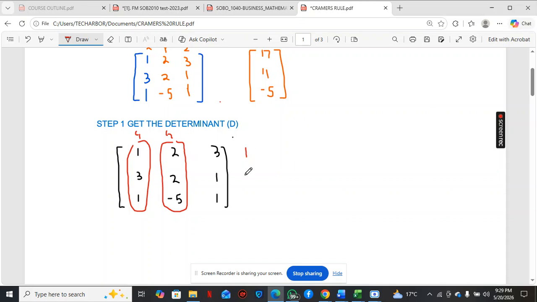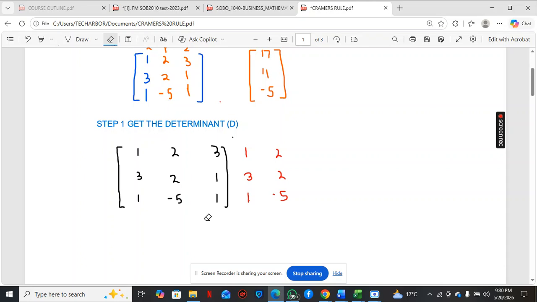So here 1, 3, 1, and here you have 2, 2, -5. For every matrix, the first two columns should go outside. Now we can start our tabulations for getting our determinant.